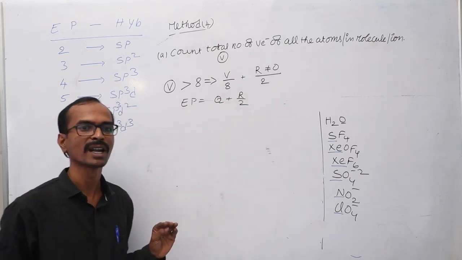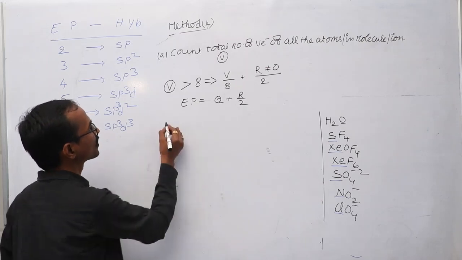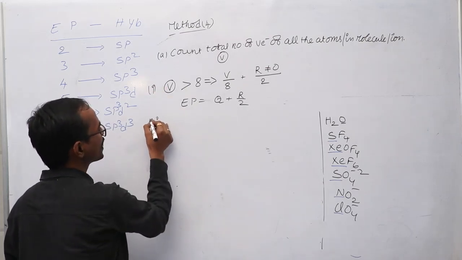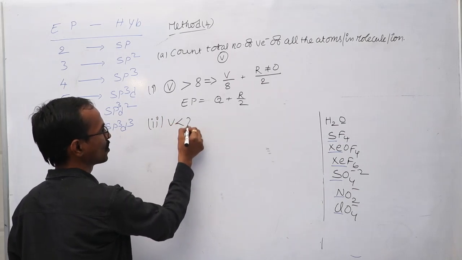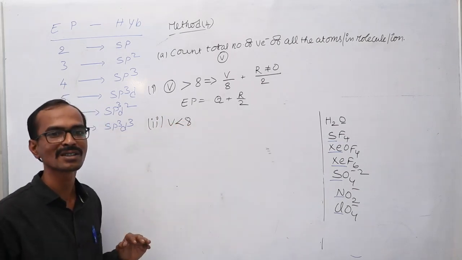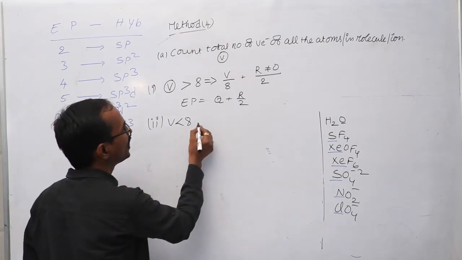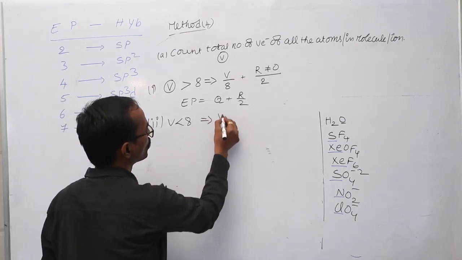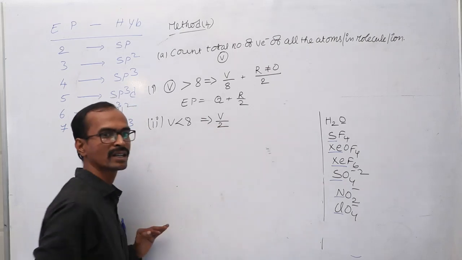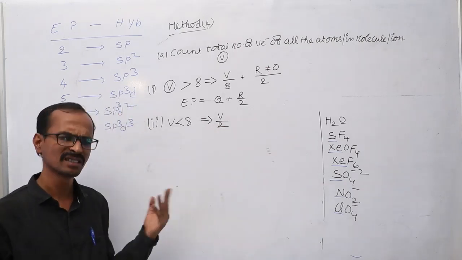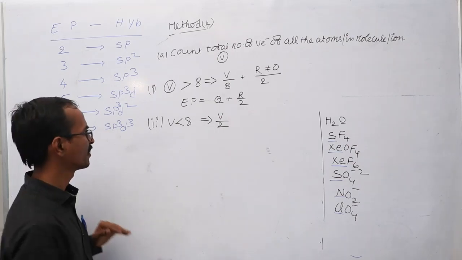In the second case, if the V value is less than 8, if you got the total number of valency electrons less than 8, then divide that V value with 2 to get the electron pair number. Simple. Now let me explain a few examples.